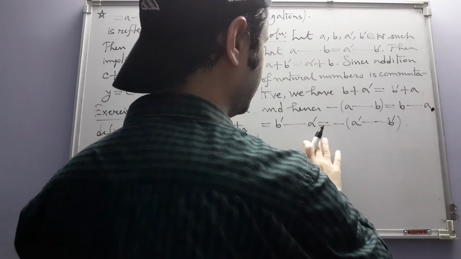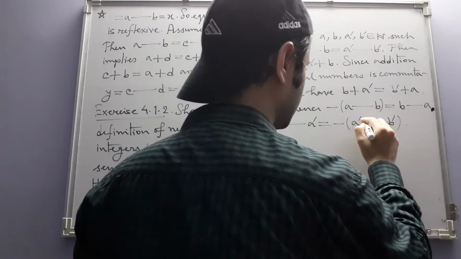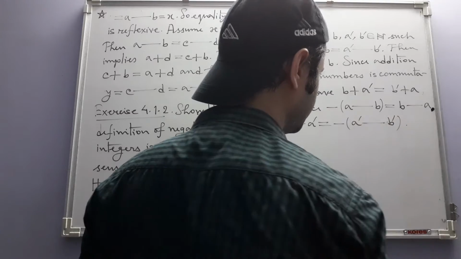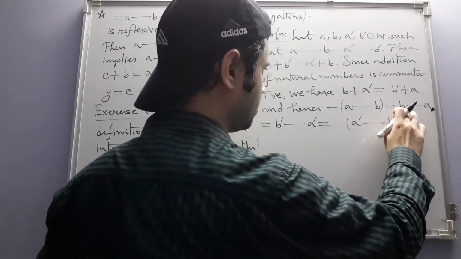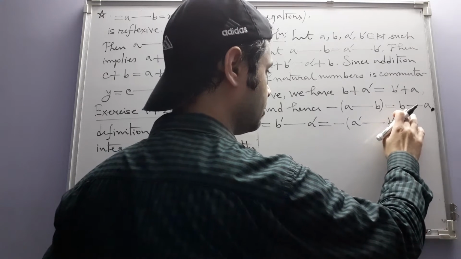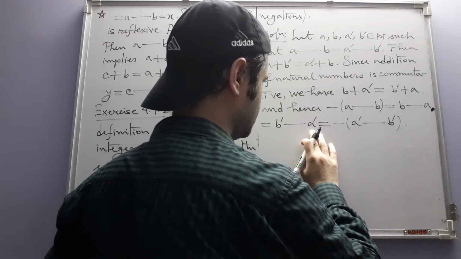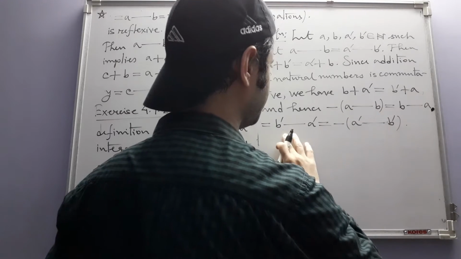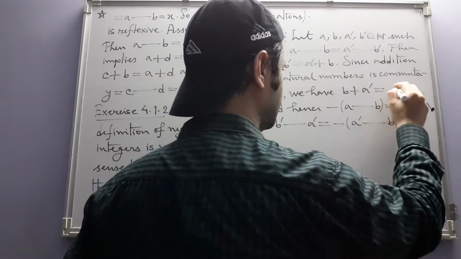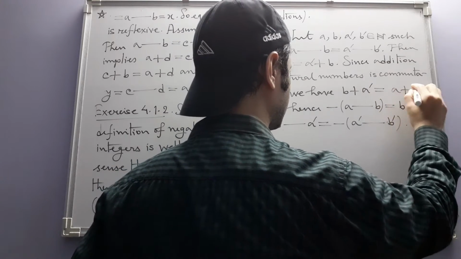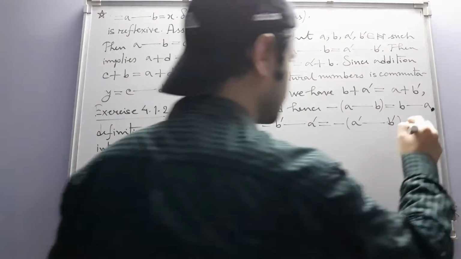Although I know that there is no need to bother about these things, since addition of natural numbers is commutative, but still, have I written something wrong? b plus a prime is equal to a plus b prime. No, I haven't written anything wrong. So it is really a plus b prime. So that's it.